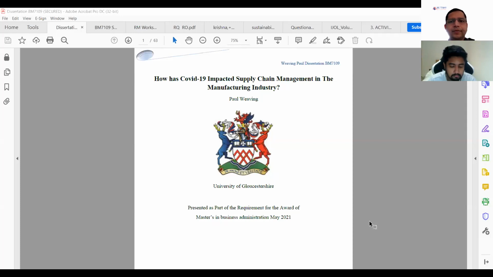Okay, look into this. This is one of the dissertations completed recently, from the University of Gloucestershire. The topic is: how has COVID-19 impacted supply chain management in the manufacturing industry? You see, this is short, about 15 to 20 words, and it gives you a specific idea: the COVID-19 impact, where, in supply chain management, which industry, manufacturing.